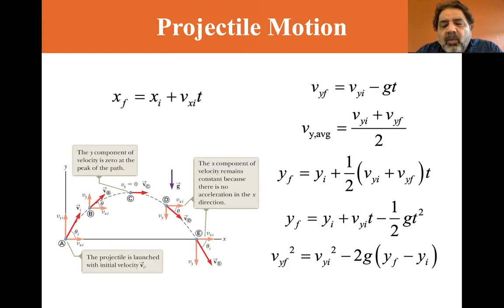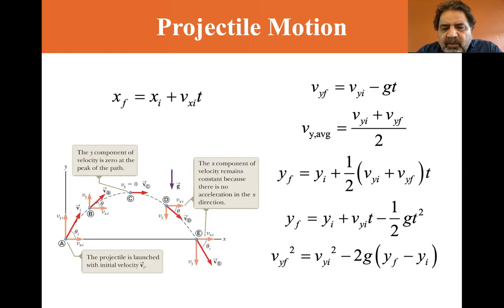And so y final is equal to y initial plus Vy average times t. And then y final equals y initial plus Vy initial t minus 1/2 gt squared.